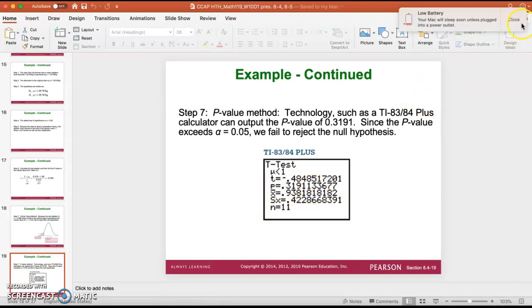Now that p-value is much larger than our significance level of 0.05, so in either case we would fail to reject the null hypothesis, because that's a probability that's not as extreme as that 0.05, or not more extreme than the 0.05.